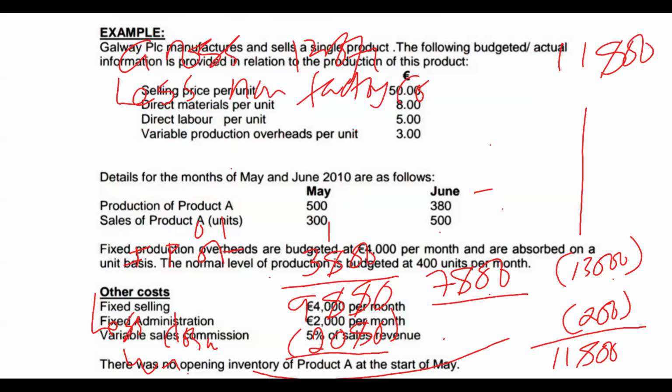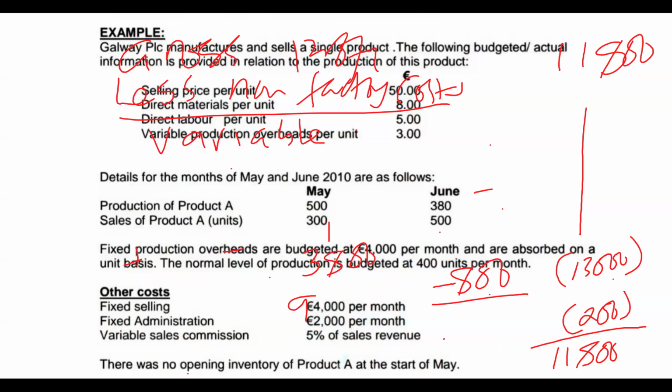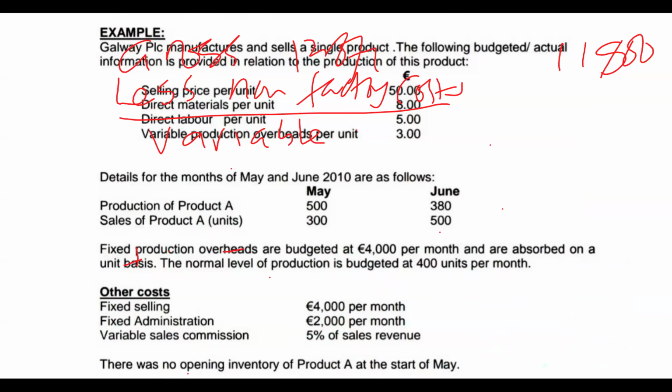Non-factory costs or non-production costs, both fixed or variable. We can even start with the variable non-factory costs, such as the variable sales commission, 5% of sales. We can do 5% of our sales.